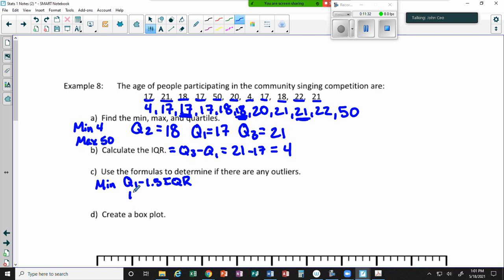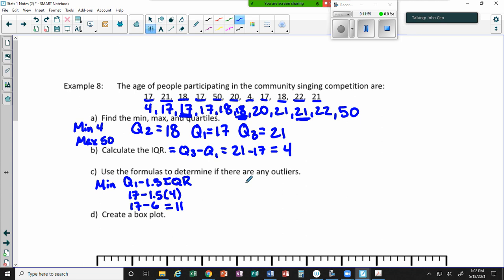Q1 is 17 minus 1.5 times the IQR, which is 4. So 1 times 4 would just be 4, and then half of 4 is 2. So this is going to end up being 17 minus 6. So that's going to be 11.